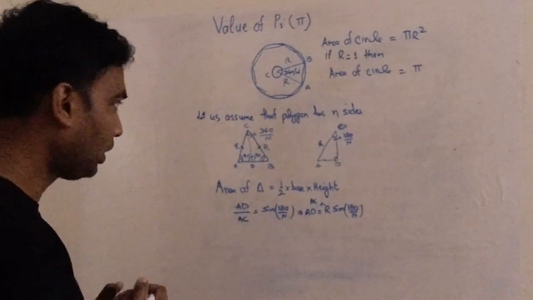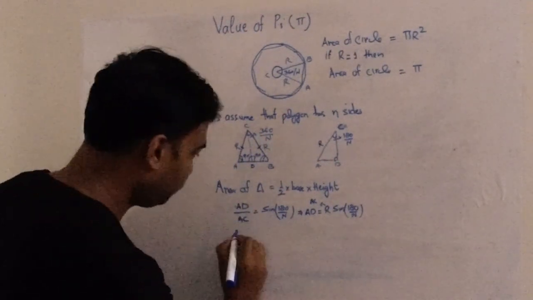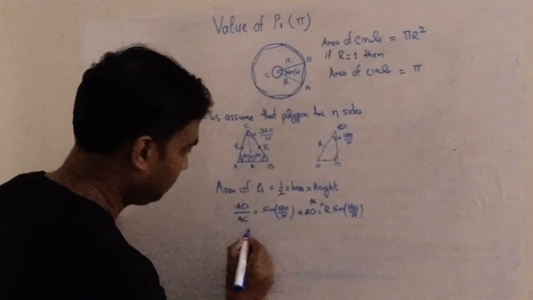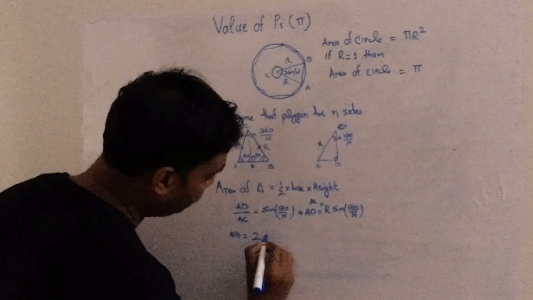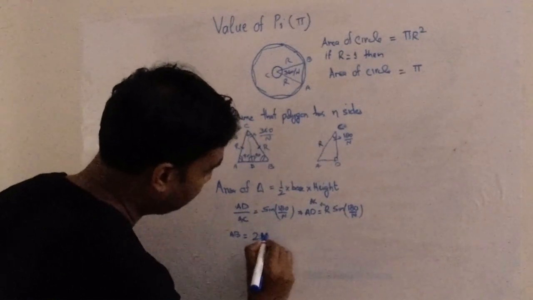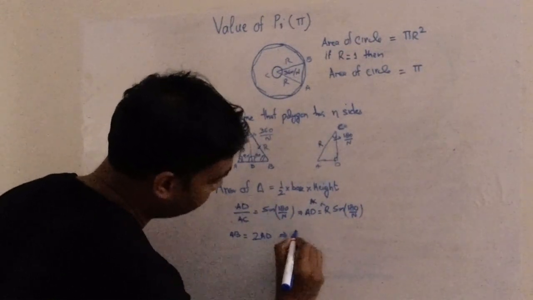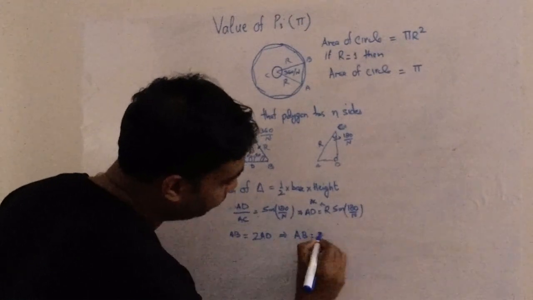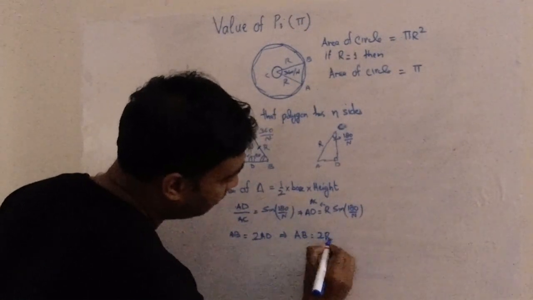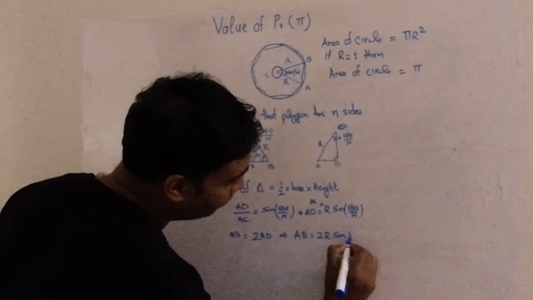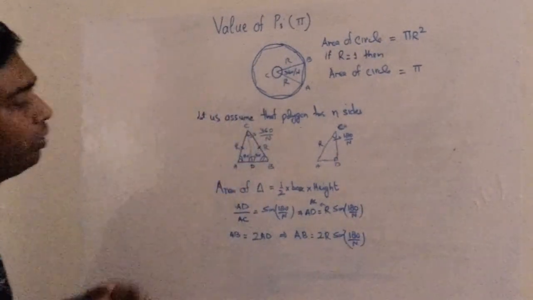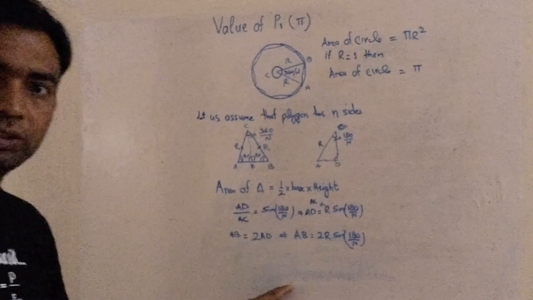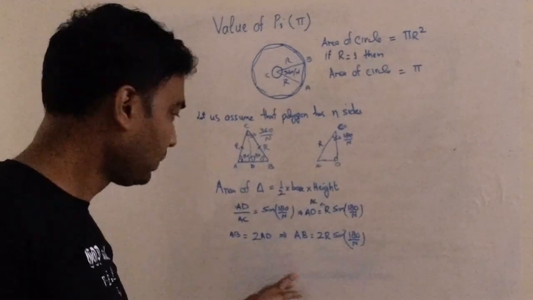So what is the length of AB? AB will be 2 times AD. So AB is equal to 2 into AD, which implies that AB is equal to 2R sine 180 over n. This is AB.